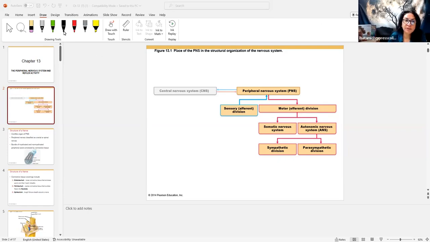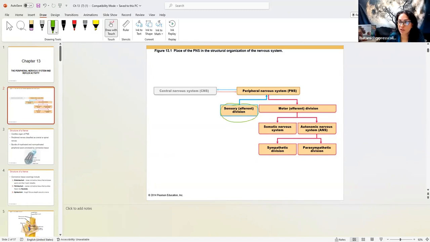If the signals are coming from the receptors to the central nervous system, we call this the sensory division or afferent division. So the direction of the signals is going to be from receptors found in our skin, joints, muscles, and internal organs toward the CNS. We call this part the sensory or afferent division.